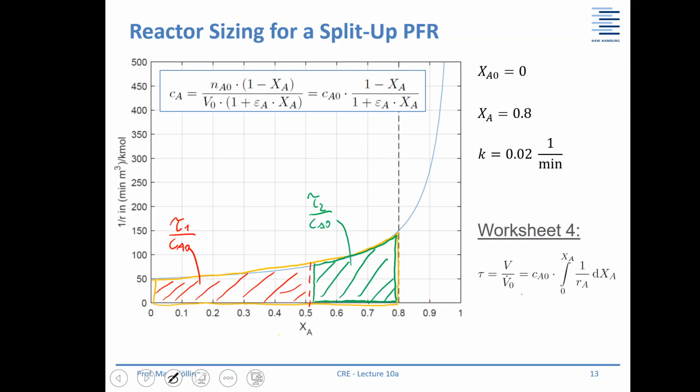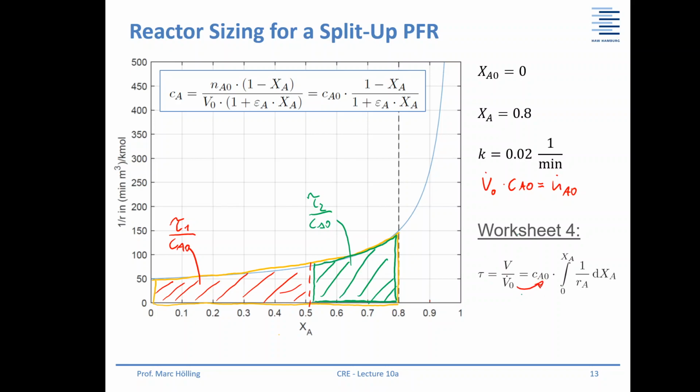But if we want to rewrite it, we can just say, okay, remember that your volume flow at the inlet times the concentration at the inlet is the same as your mole flow of component A at the inlet. So, if you just move your inlet concentration to the other side, then you end up with the equation, let's put it the other way around.